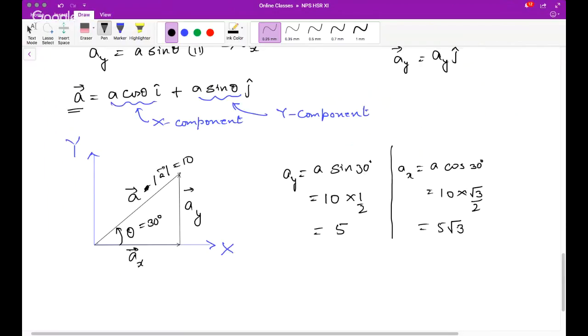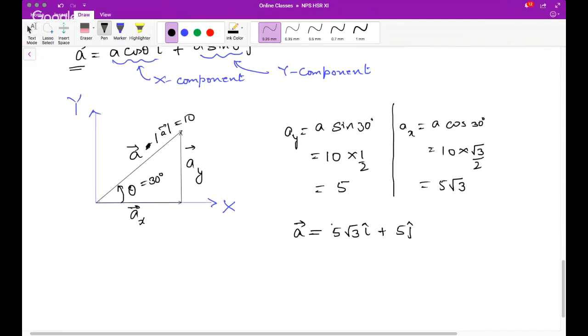So we say vector A has x component 5 root 3 i plus 5 j. This is how you resolve, right?